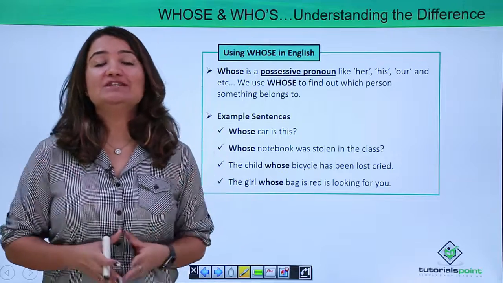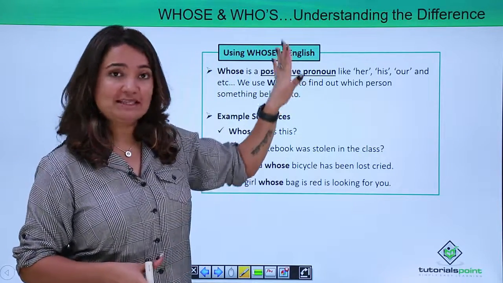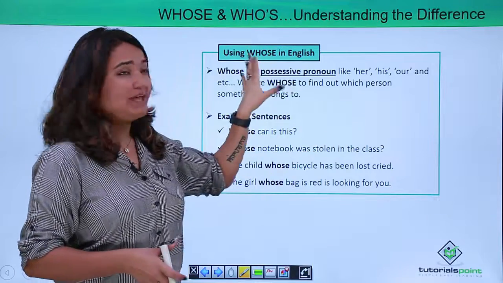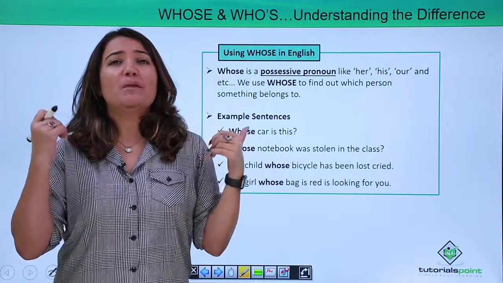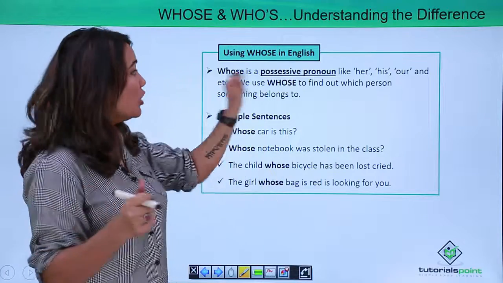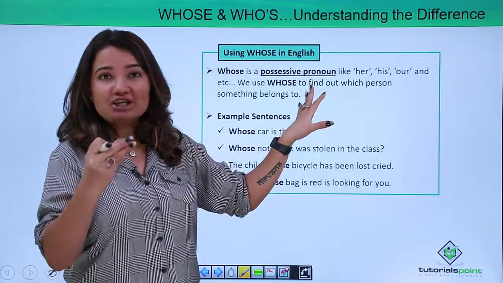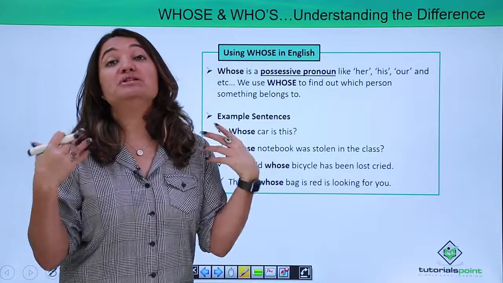Let's first understand whose, which is W-H-O-S-E. Whose is a possessive pronoun. What is a possessive pronoun? A pronoun which tells about possession.